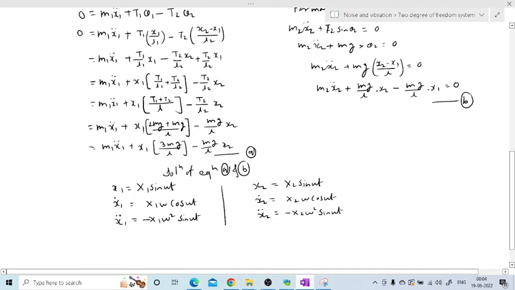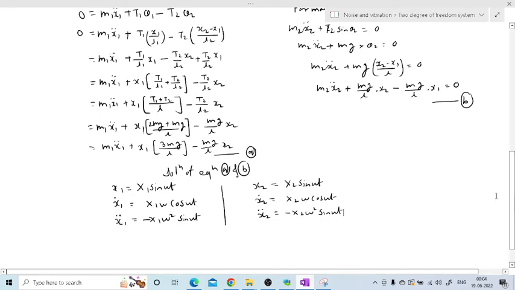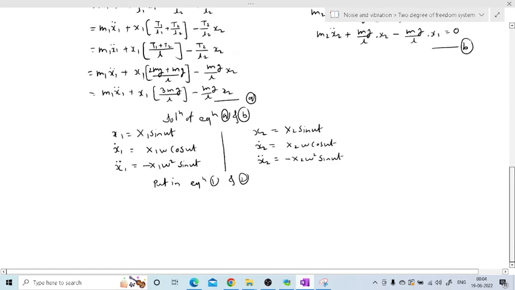Now we will have to put this solution in equation 1 and in equation 2. For simplicity, I'll make the half part of this page. Here I'll put in equation 1, here I'll put in equation 2. Equation 1 is m1 x1 double dot plus x1 in bracket 3mg by L minus mg by L into x2.